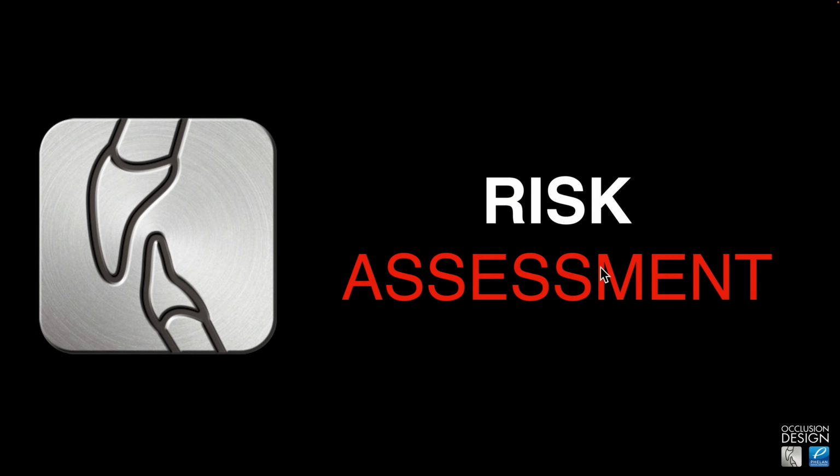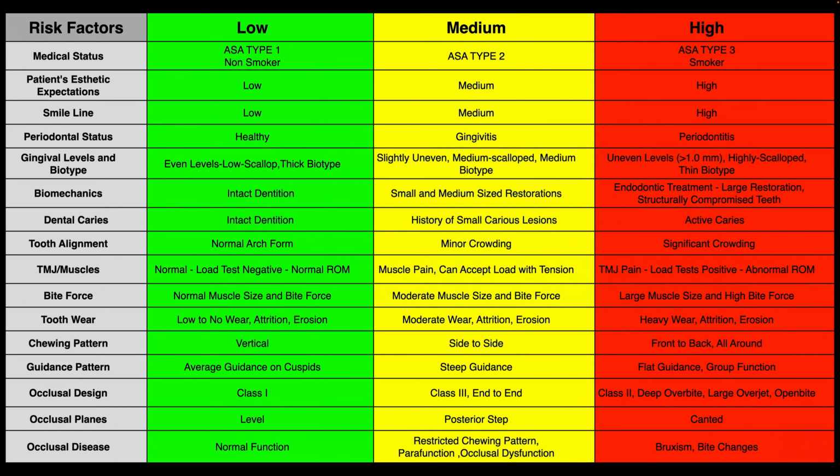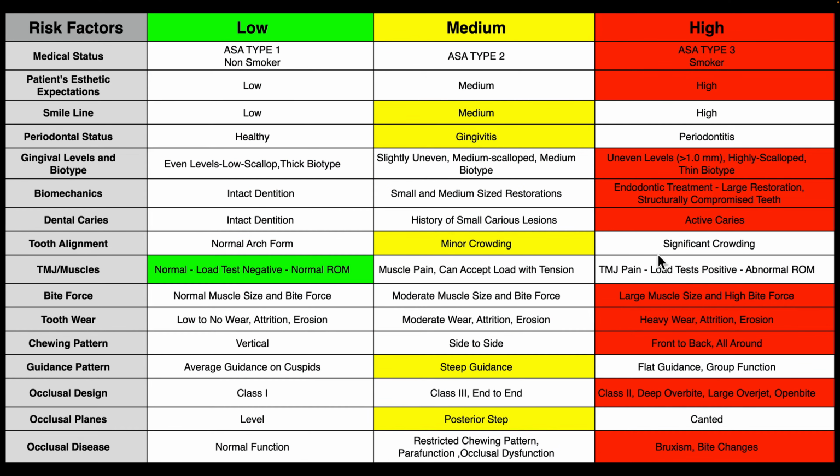Looking at risk assessment, we felt he was at a high risk for potential problems. This is my risk assessment form, a digital version of it. I've talked about this before. It's mostly shown in Module 2 of Occlusion Design. You look at all the red here.